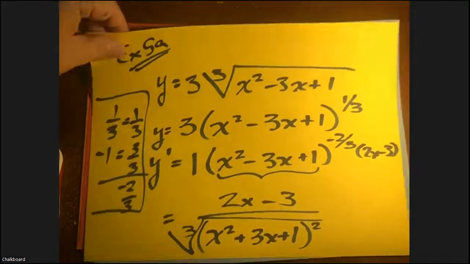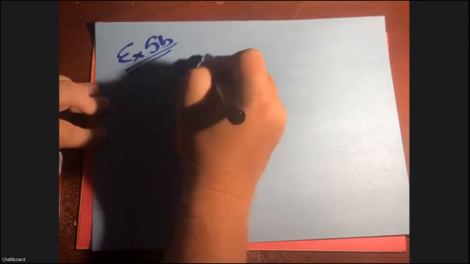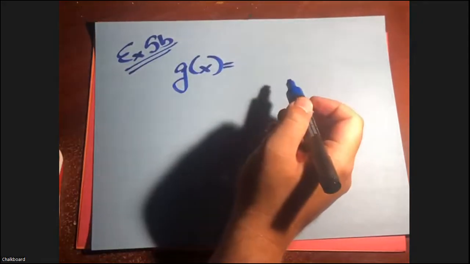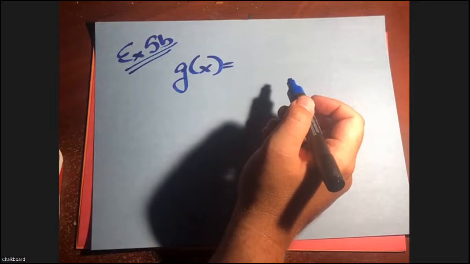The other one in our example is g of x equals 1 over x squared plus 1.